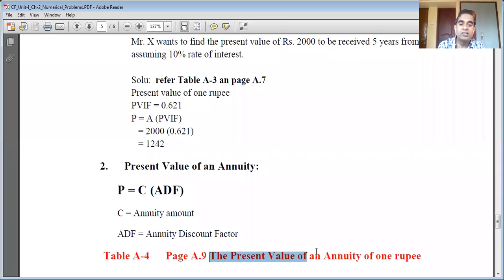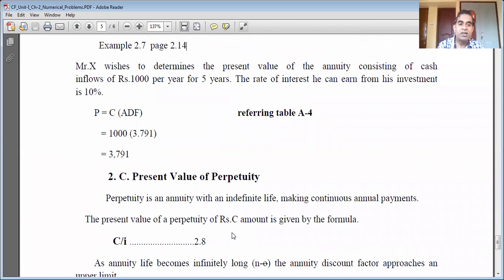The title of the table is the present value of an annuity of 1 rupee. So this is the table we are going to refer to. And what are you going to find from the present value of annuity of 1 rupee table? We are going to find the ADF value. It is nothing but the annuity discount factor. That's it. Okay, so one simple example.